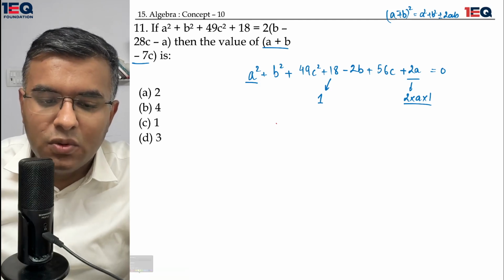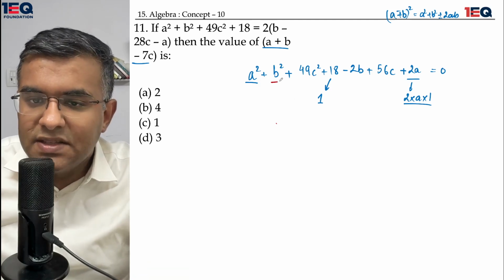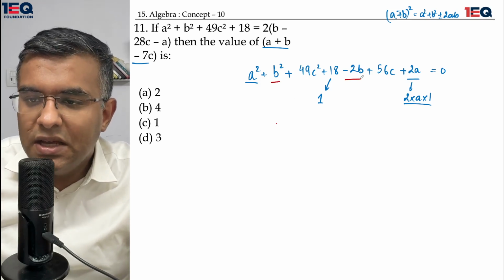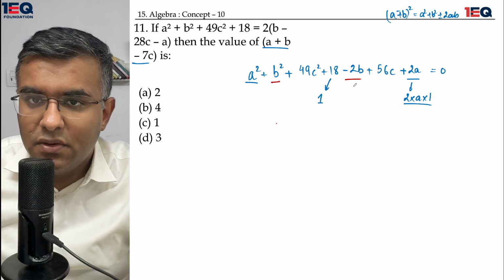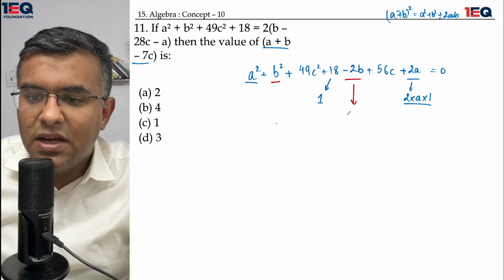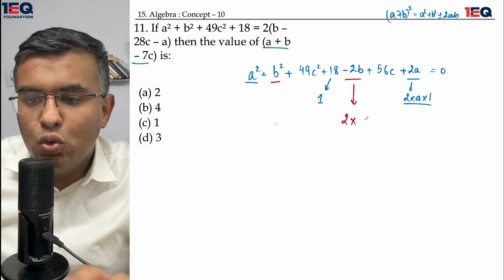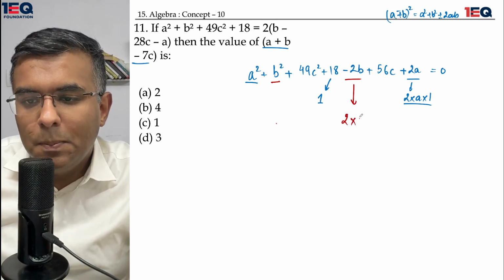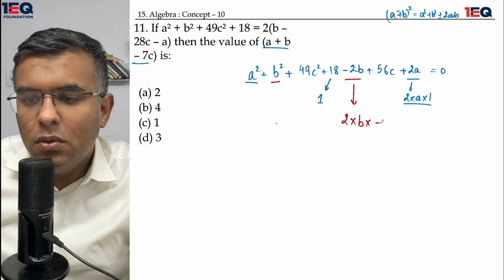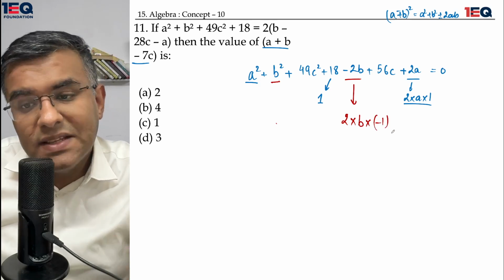Now let me do the same thing for b. I can see one b square here and I can see another negative 2b. This negative 2b can be considered 2 into b into minus 1. Why is it minus 1?